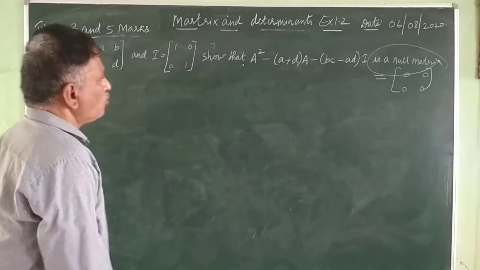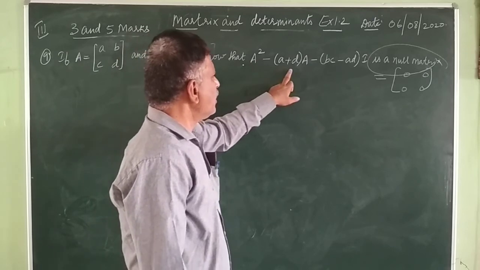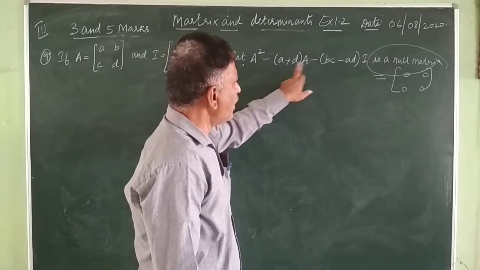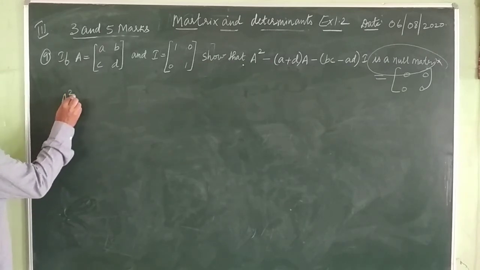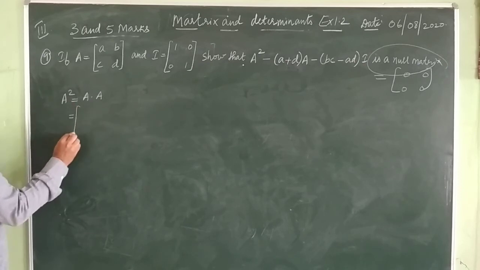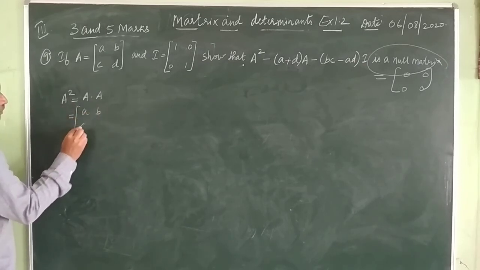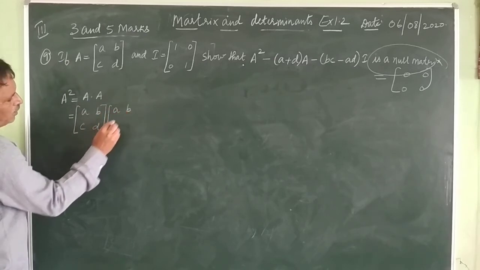So first what we need to find out? We need to find out A square, then A plus D of capital A, then the other part. First, A square. A square is equal to what? A into A. The first matrix is [A, B; C, D], and the same matrix [A, B; C, D].